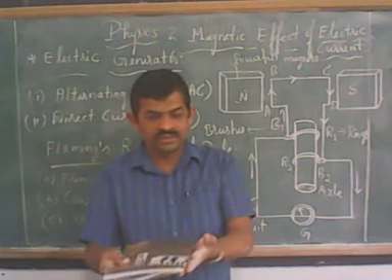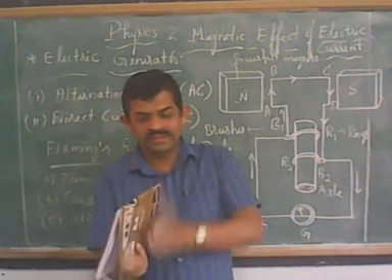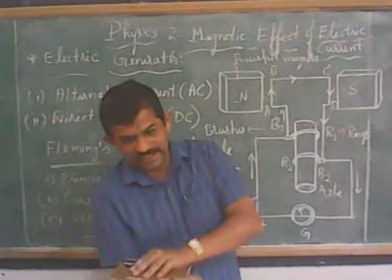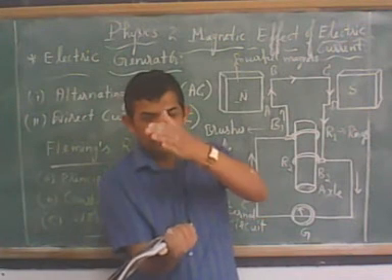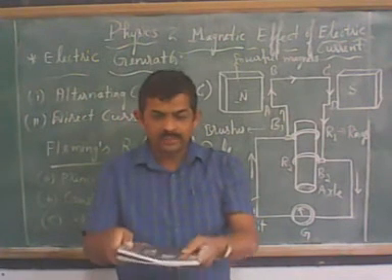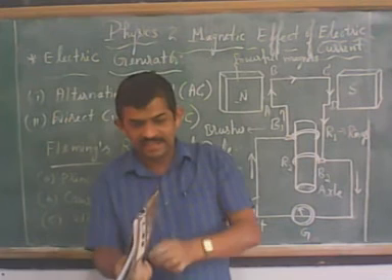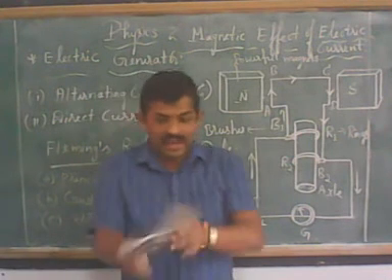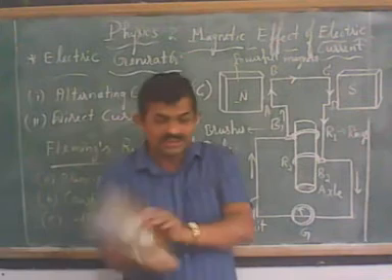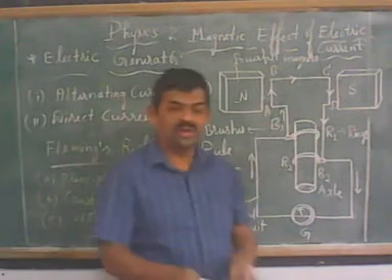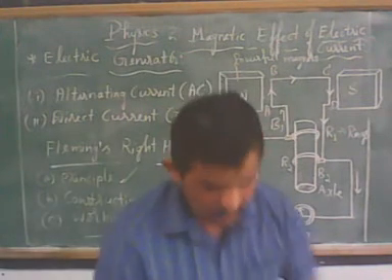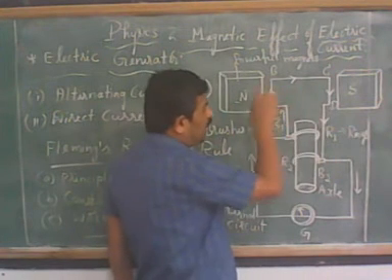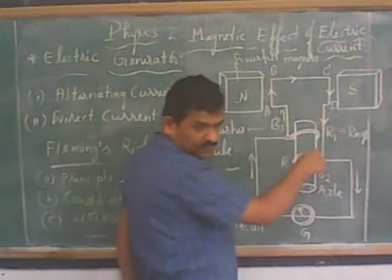Likewise, when AB is getting down, CD is coming up. Like that, the rectangular coil moves clockwise. You need to understand clockwise. When the AB edge of the rectangular coil is coming up, the CD edge is getting down.